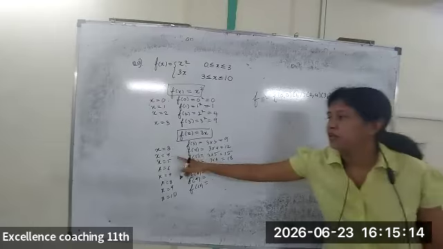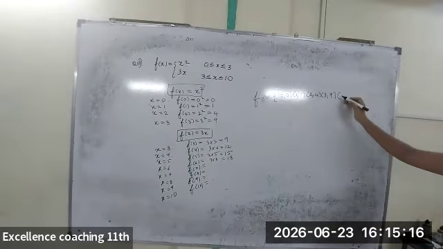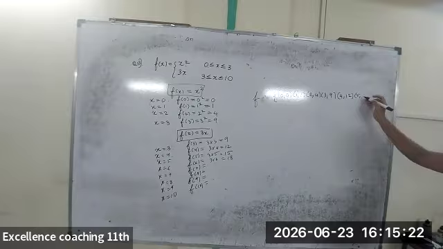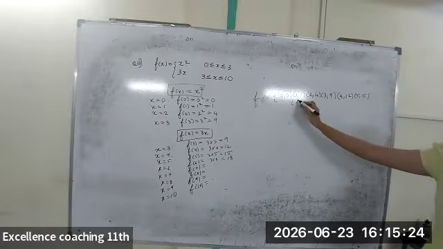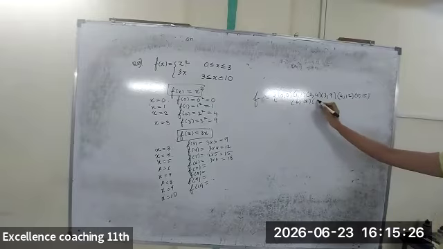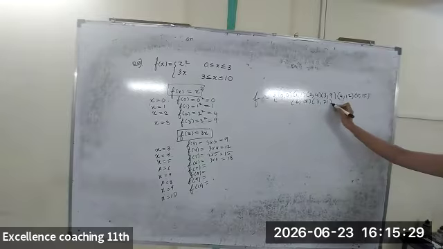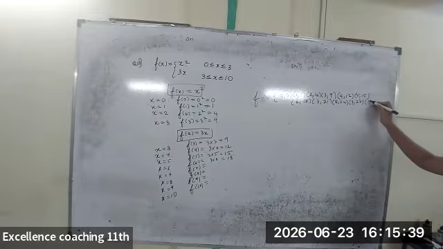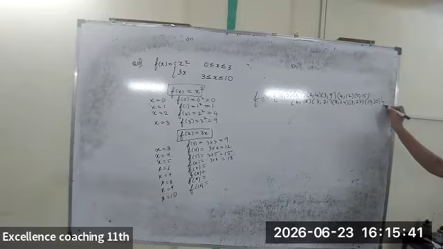Then 4, 12. 5, 15. 6, 18. 7 and 21. 8 and 24. 9 and so on. So this is your function f which you have calculated.